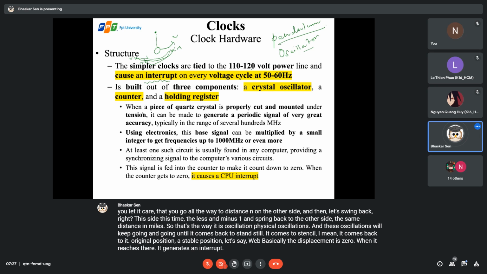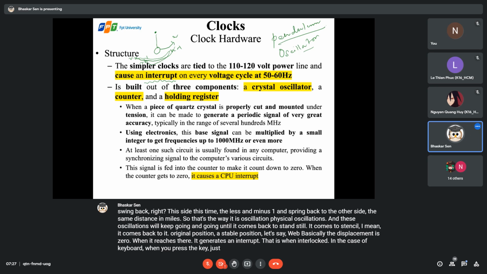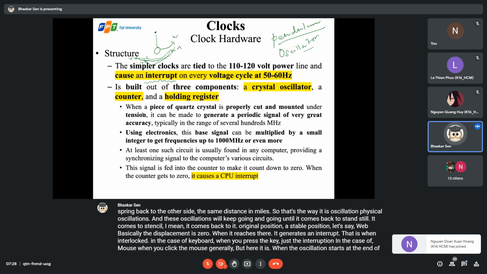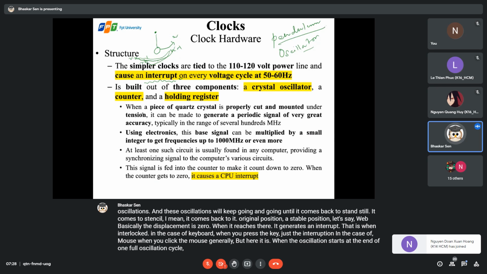That is when an interrupt happens. In the case of a keyboard, when you press a key, the interrupt happens. In the case of a mouse, when you click the mouse, you generate an interrupt. But here, it is when the oscillation stops. At the end of one full oscillation cycle, you get one interrupt.